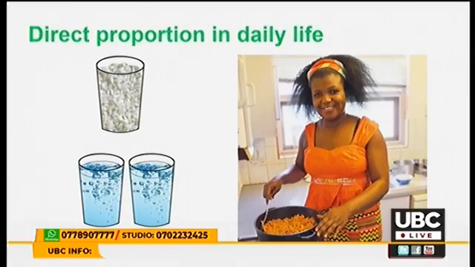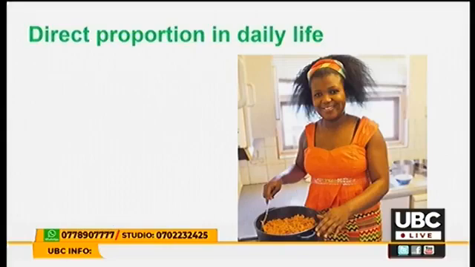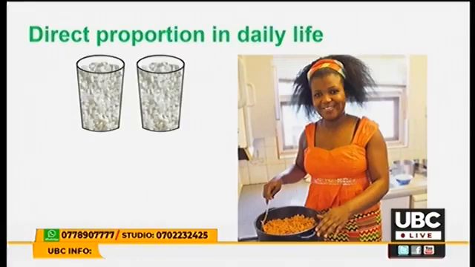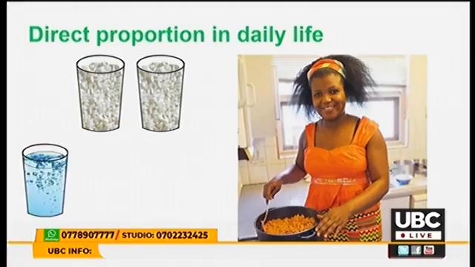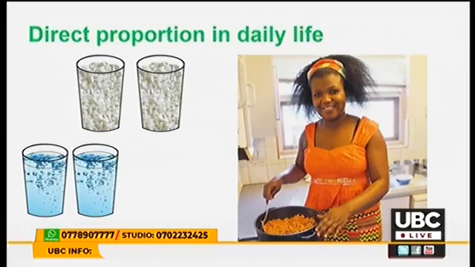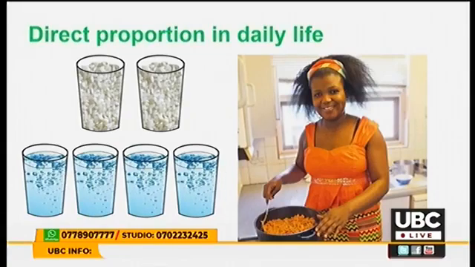Did you know that you also do the same at home there? But maybe you use cups, you don't use glasses. Let's see. Supposing there were 2 glassfuls of rice, what would happen? So 2 glassfuls of rice means we have now 1, 2, 3, and 4.